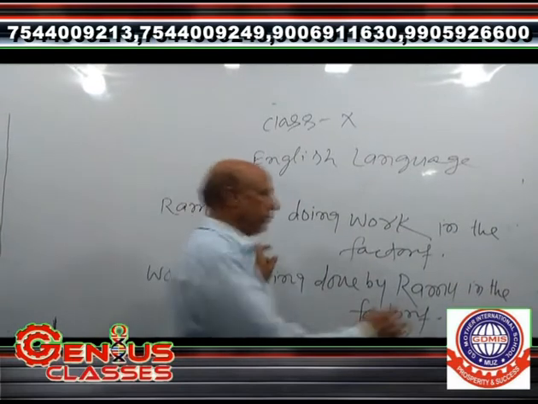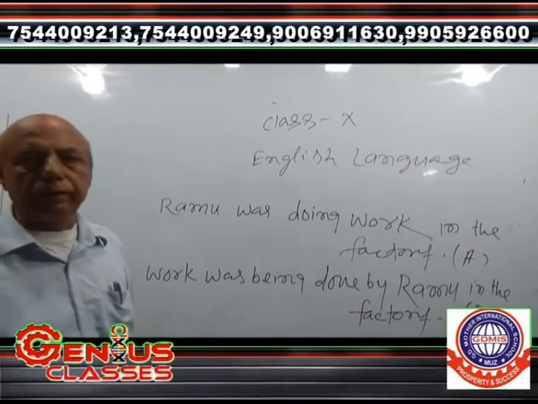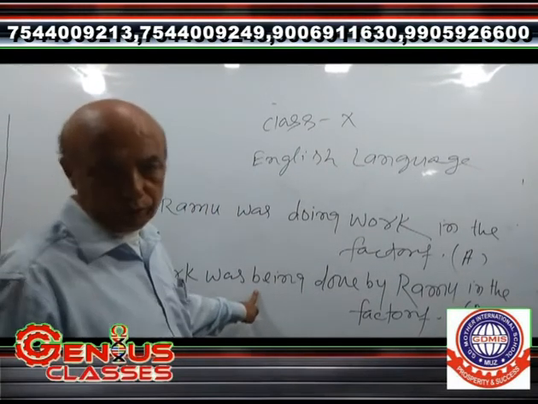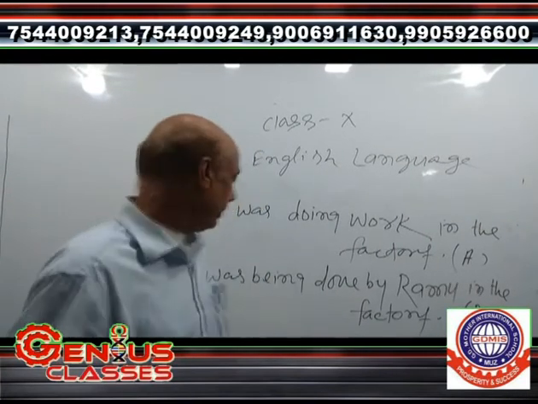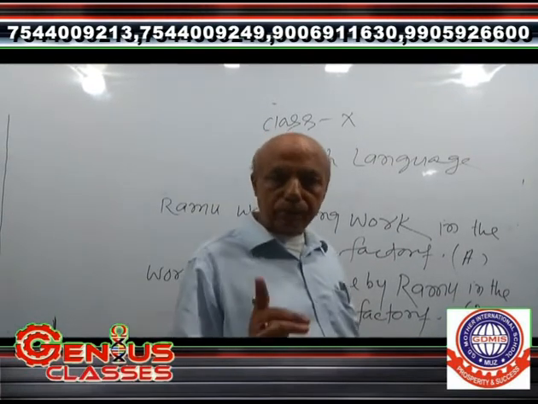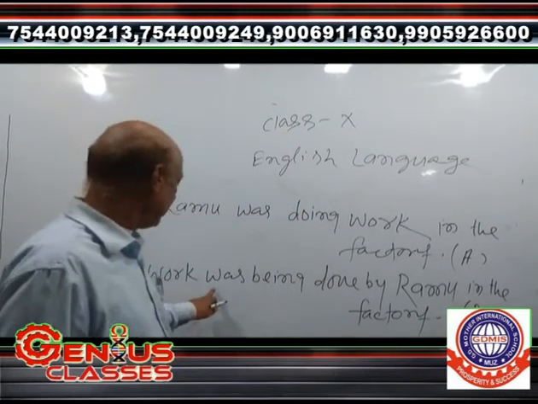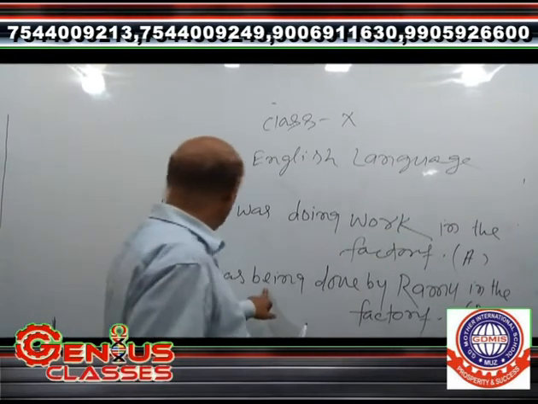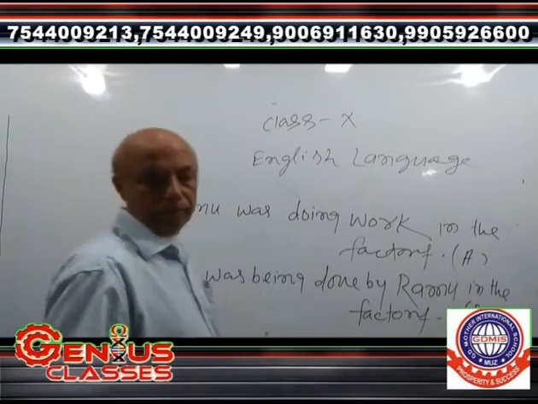This was in active and it has been changed into passive by applying the rules of voice. Here, being has been also used. Being was used in present continuous, and here it is past continuous. So here being has been also used. Work was being done by Ramu in the factory.